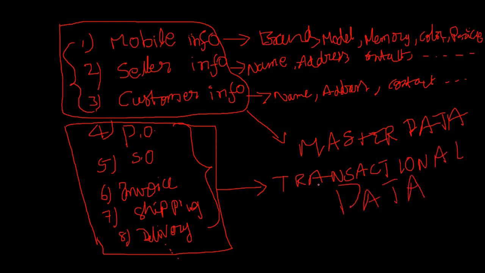So here, master data is not dependent on transactional data. Transactional data is dependent on the master data. So when there is some issue with the master data, like the pricing error or whatever, that affects the transactions. How it affects, we have already seen in one example.